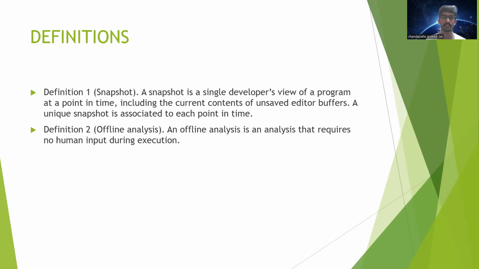Definitions. Definition 1, snapshot. A snapshot is a single developer's view of a program at a point in time, including the current contents of the unsaved editor buffers. A unique snapshot is associated to each point in time. Definition 2, offline analysis. An offline analysis is an analysis that requires no human input during execution.